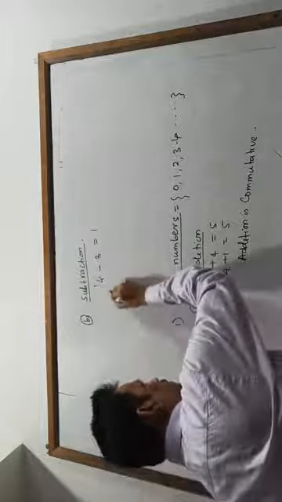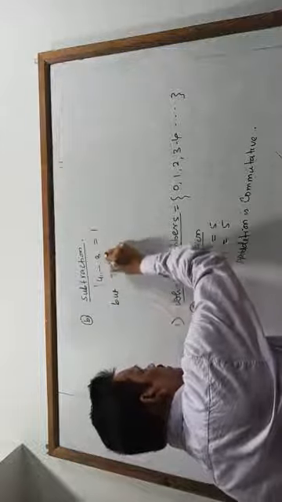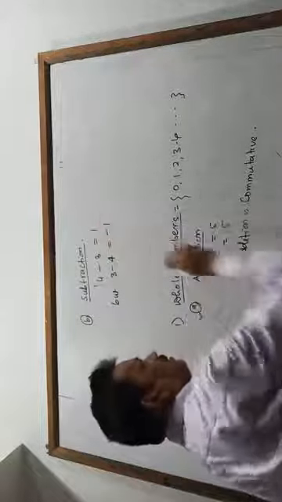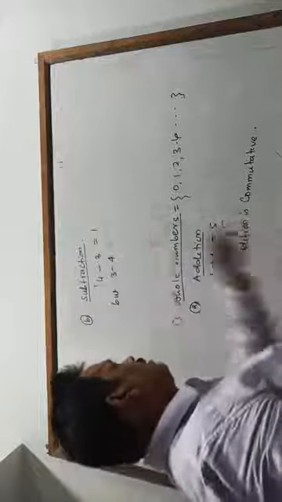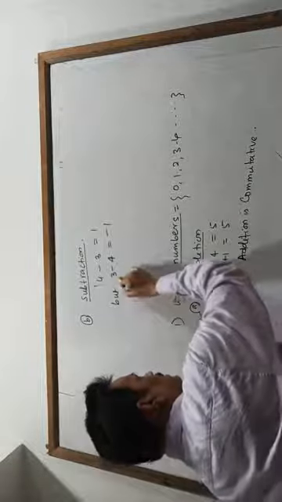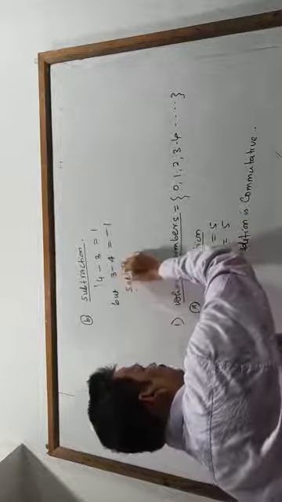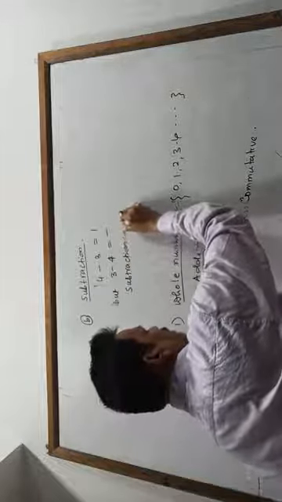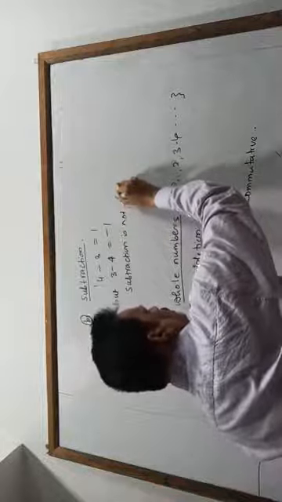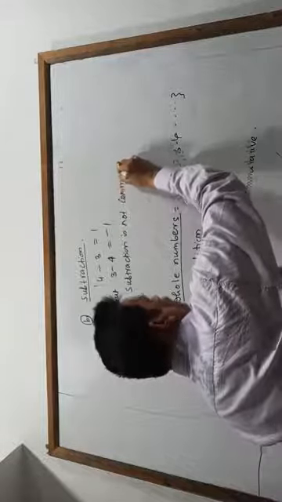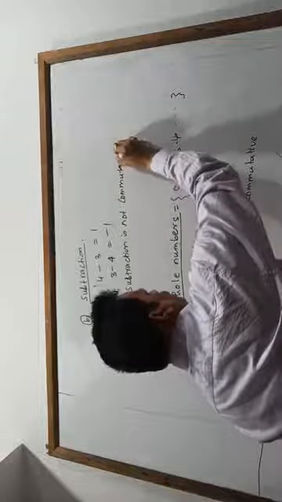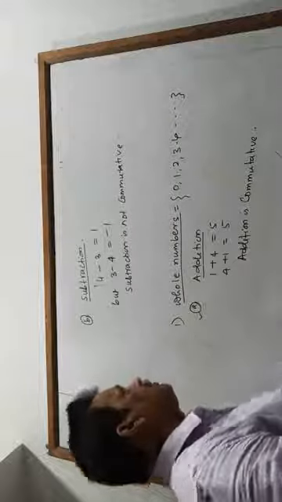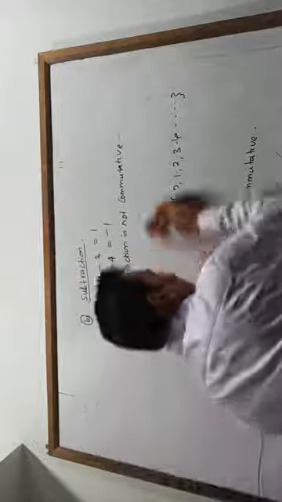But what is 3 minus 4? Minus 1, not equal. So subtraction is not commutative. Subtraction is not commutative.